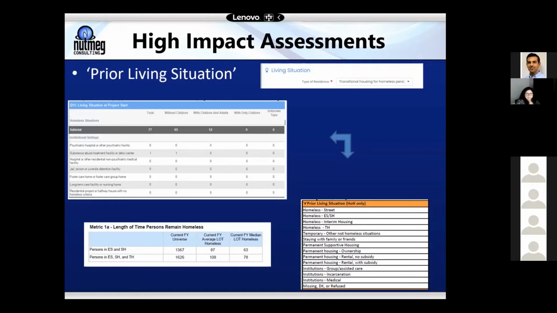Same thing if you're a PSH program where you're supposed to serve either 100% chronically homeless or a certain percentage of chronically homeless. You want to make sure that your prior living situation is showing that you have X number of people coming from a homeless setting, because again, you want to be abiding by your HUD contracts.